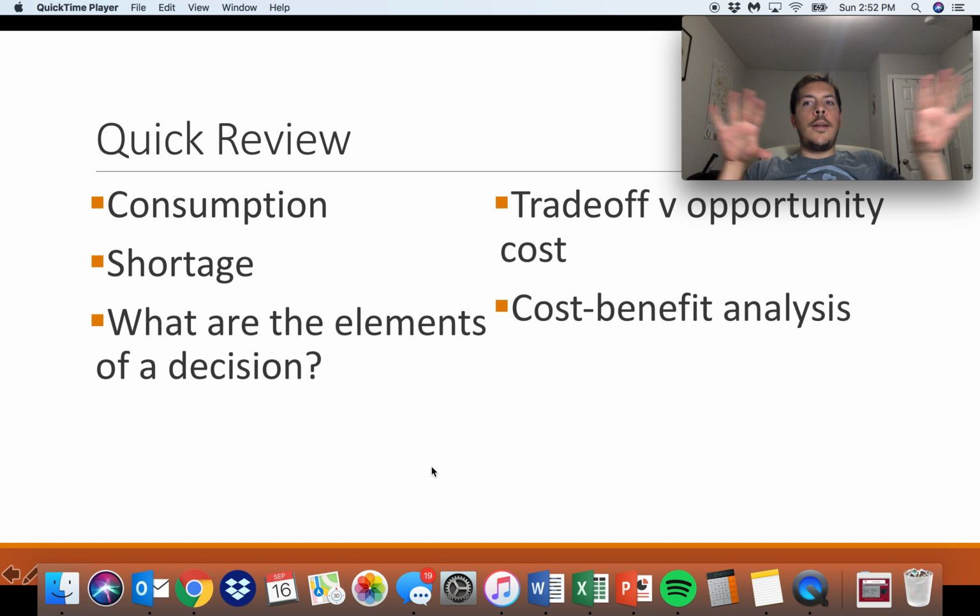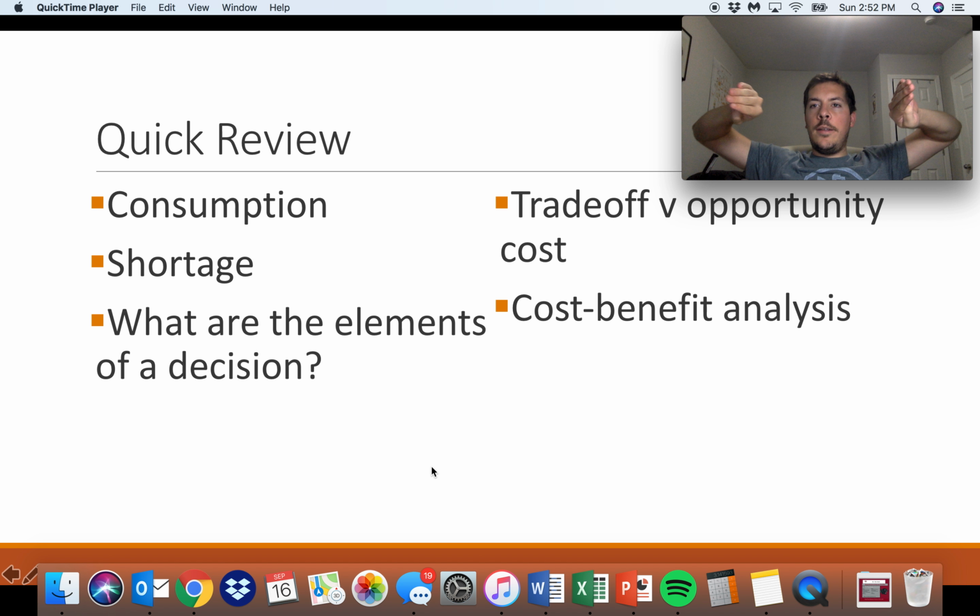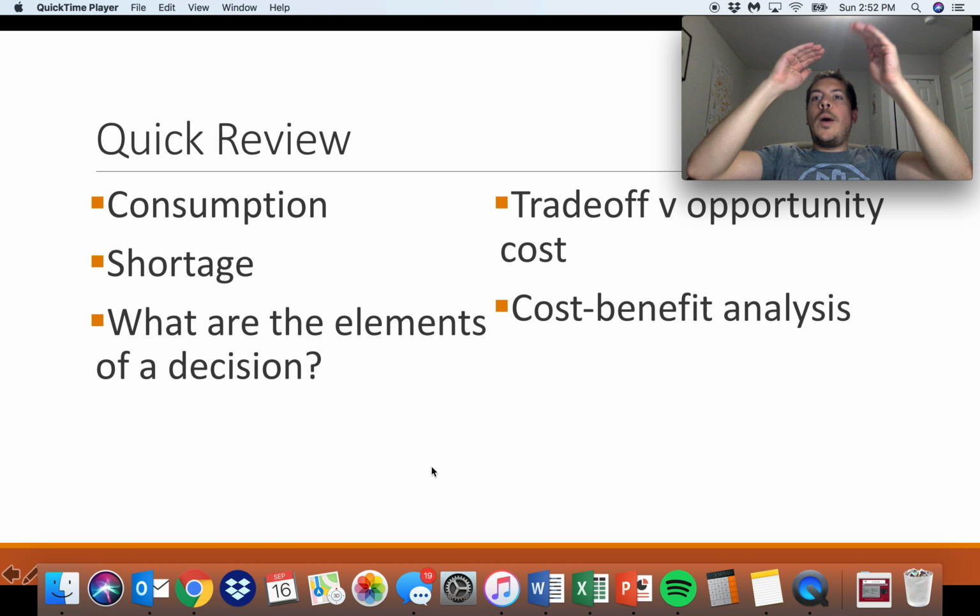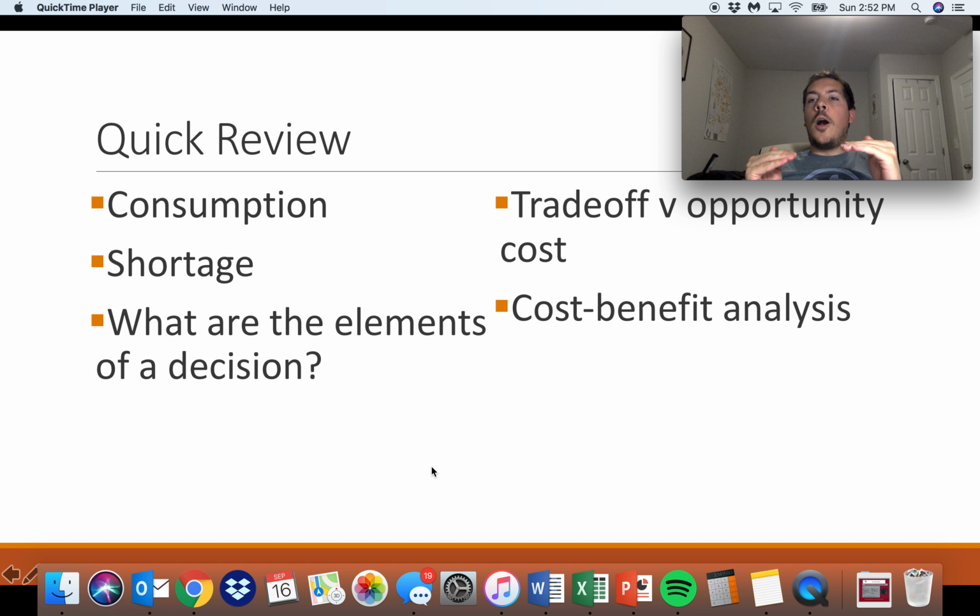It's not like they're completely separate. You have all of these trade-offs and your opportunity cost is the highest of them. More specifically, it is your best trade-off.